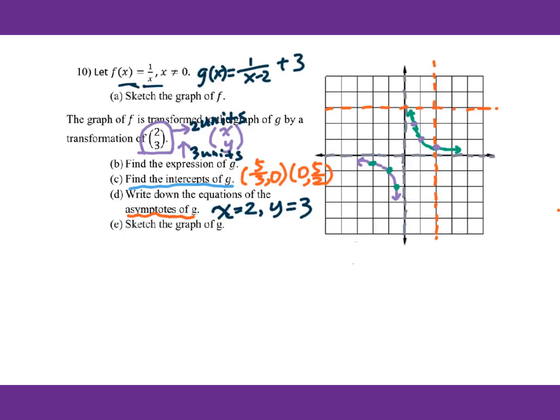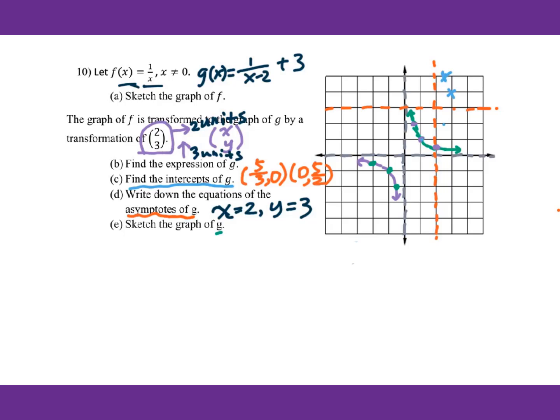Now sketch the graph of g. First of all, you have to do the transformation for these 6 points. Go right 2 and up 3. Let's do that. For here, I have 1, 2, then go up 3: 1, 2, 3, go here. This one is right 2, up 3: 1, 2, 3, go here.